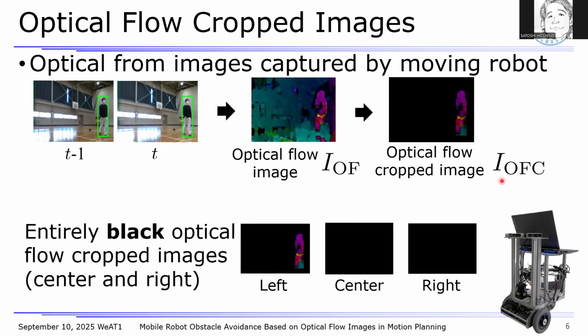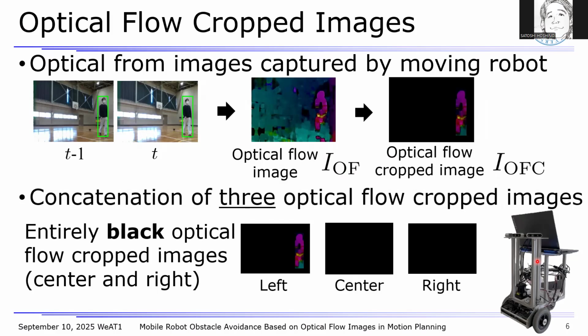In this work, three cameras are used to expand the robot's field of view. In this case, the center and right images contain no obstacles. If these entirely black images are used as inputs to the CNN, it becomes difficult to optimize the convolutional filters for extracting image features.